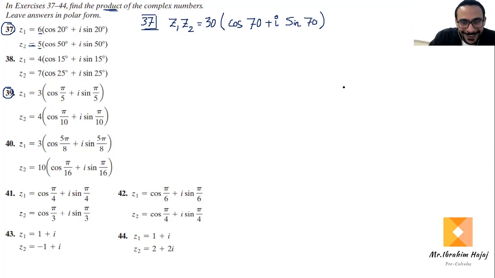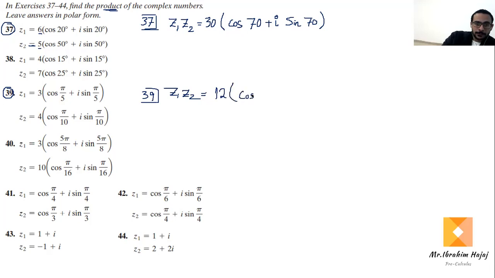Mohammad Kayali, question 39. Z1 Z2 equals. Yes, Mr. 3 times 4 is equal to 12.